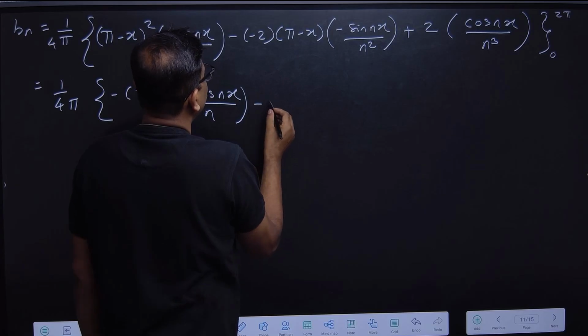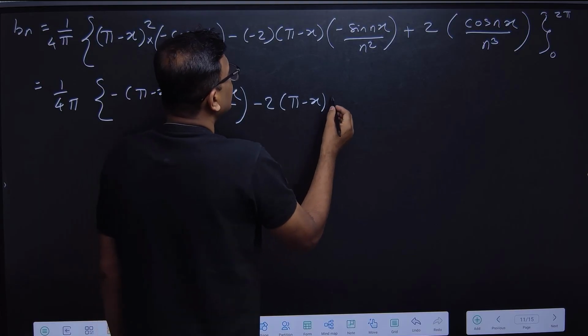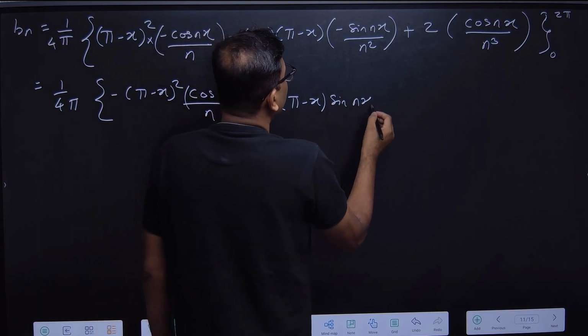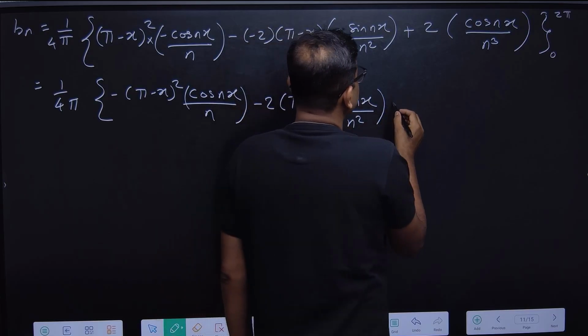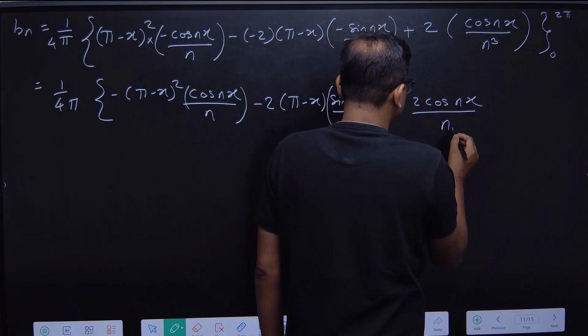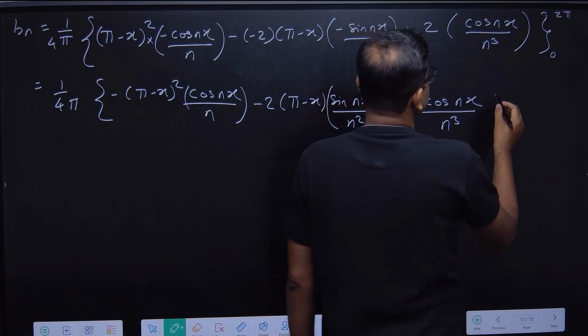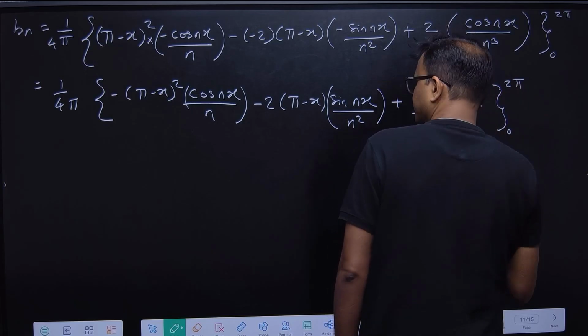Plus into minus is minus. So it is minus 2 into (pi minus x) into sine of nx upon n square. And this is plus 2 cos nx upon n cube. And this is within the limit 0 to 2 pi.